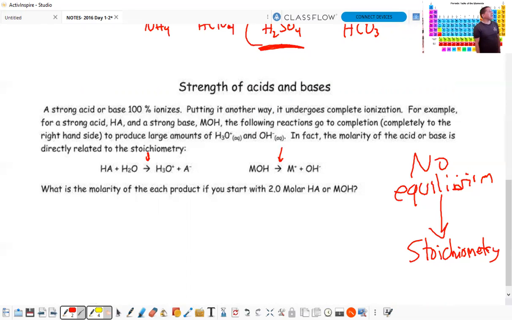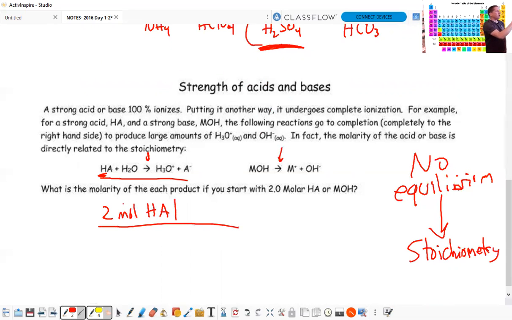So what is the molarity of each product if you start with 2 molar HA? All right, so here's our reaction. There's 1 hydrogen that's being ionized. So the molarity of HA, we could do this as 2 moles of HA per 1 liter of solution. That's molarity, it's moles per liter.